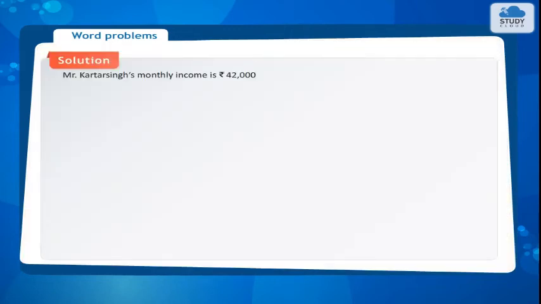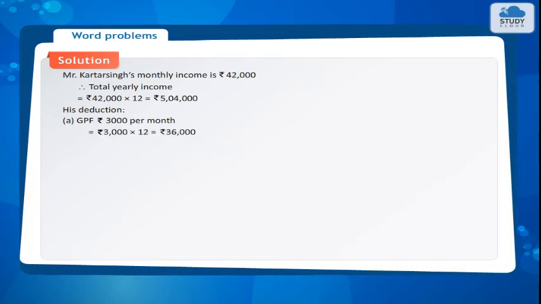Solution. Mr. Kartar Singh's monthly income is rupees 42,000. Therefore, total yearly income is equal to rupees 42,000 into 12 is equal to rupees 5,04,000. His deductions: A. GPF rupees 3,000 per month, therefore is equal to rupees 3,000 into 12 is equal to rupees 36,000.